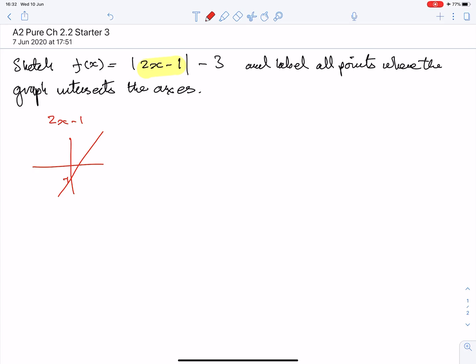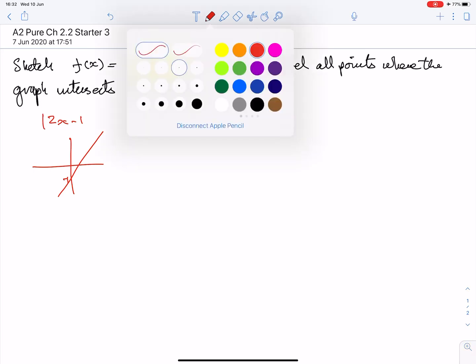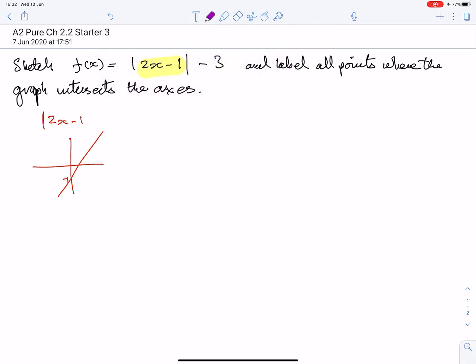When I take the modulus of that, I know that the negative part reflects. I could have done that as a separate graph, and if you haven't got different colours, it's probably easier to. So we've got that bit, reflect, and the minus 1 gets reflected to 1. So that graph is now the modulus of 2x minus 1.